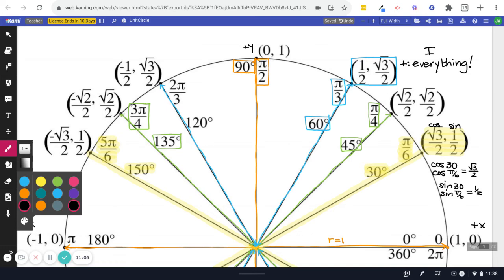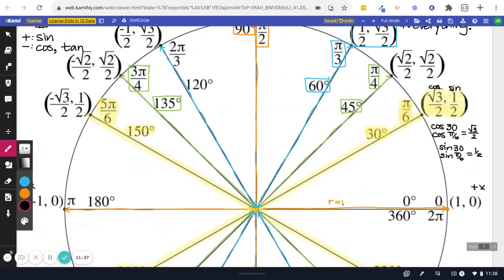In quadrant 2, some things are positive, some things are negative. We've moved left on the number line or on the graph, and left represents negative in terms of x. X is cosine, so cosine is negative. Tangent is also negative. But because we've still stayed up, sine is positive.